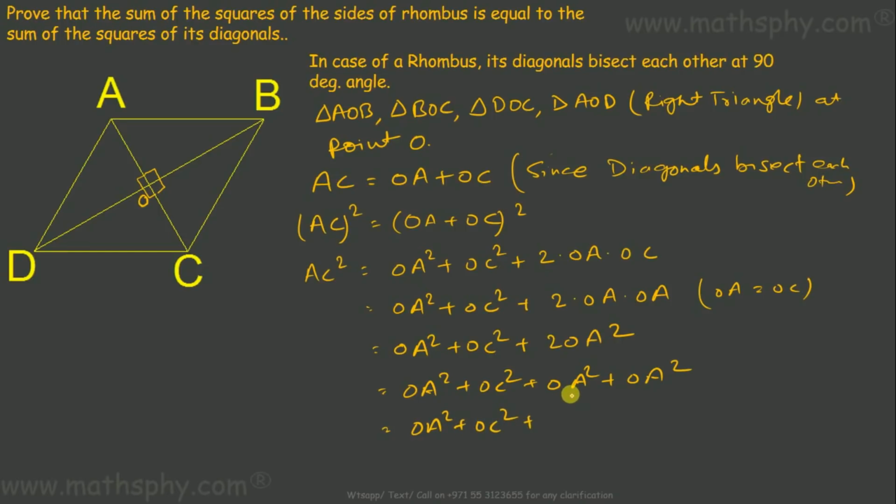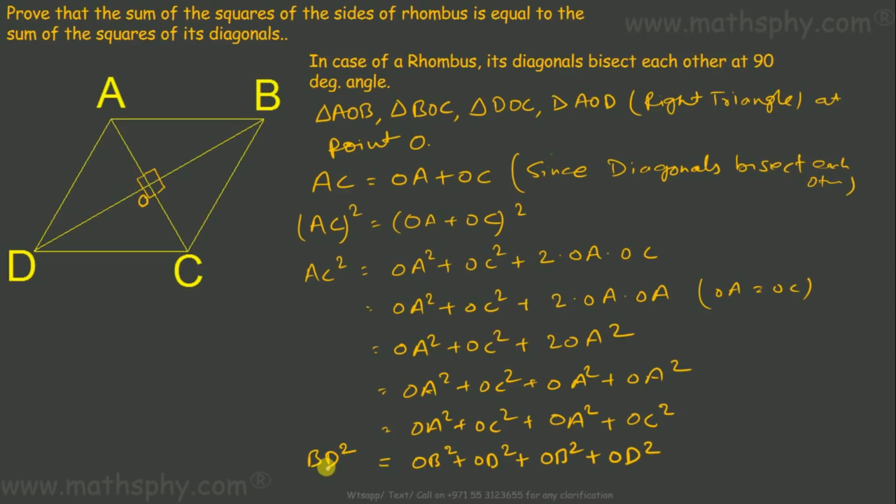OA square I leave as it is, and this OA square I write as OC square, since OA is equal to OC. So now I have AC square is equal to OA square plus OC square plus OA square plus OC square. Now, same way, BD square will be equal to OB square plus OD square plus OB square plus OD square.